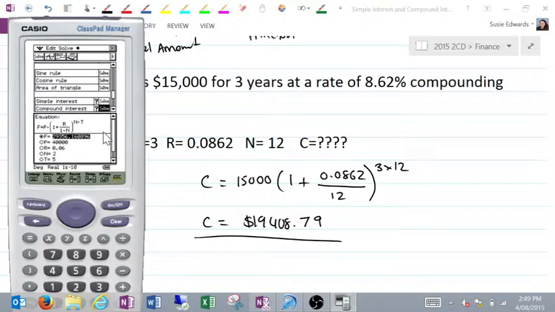You should be able to do this. I shouldn't be having to teach you how to use e-activity because we did it all with trig. Okay, so we should be able to put in P being 1500. Can you guys just make sure that your calculator works with this? R equals 0.0862. N equals 12. T equals 3.